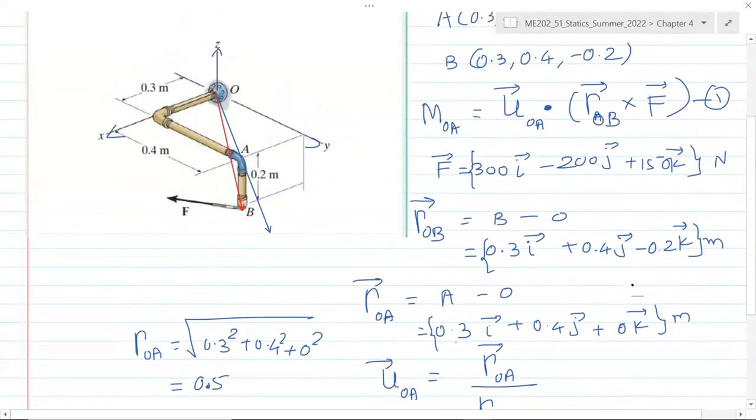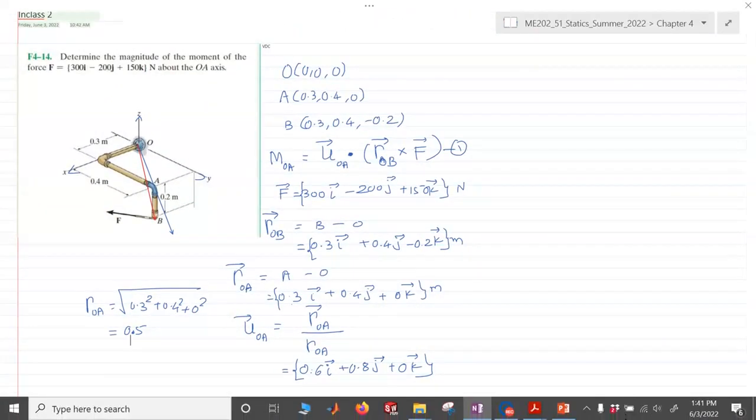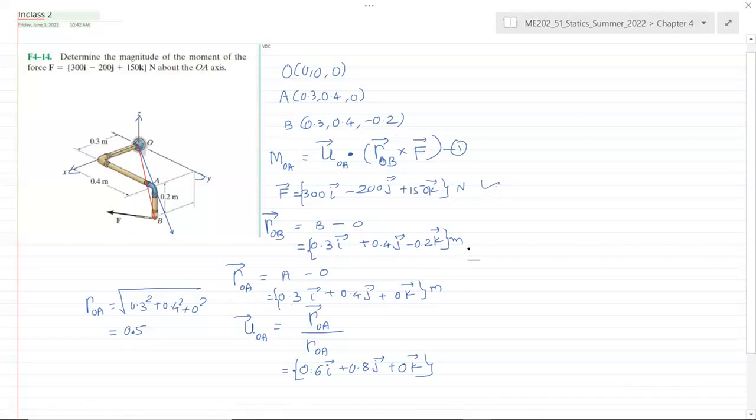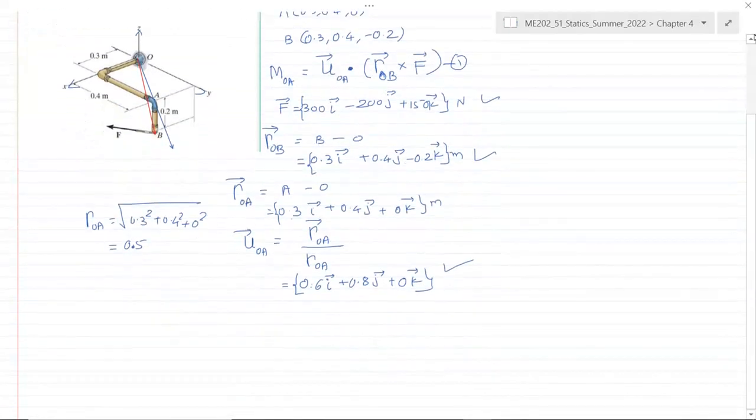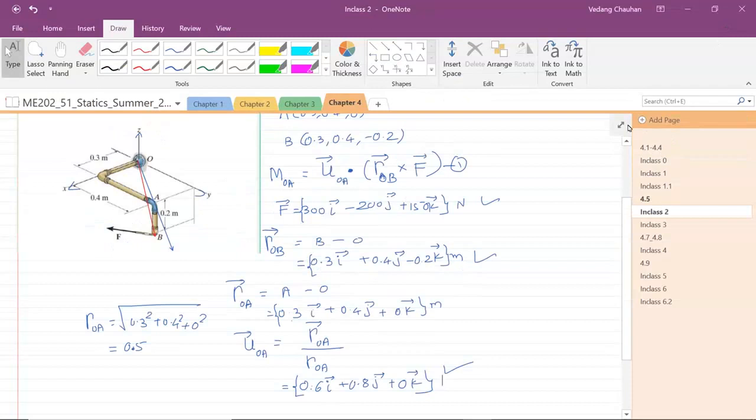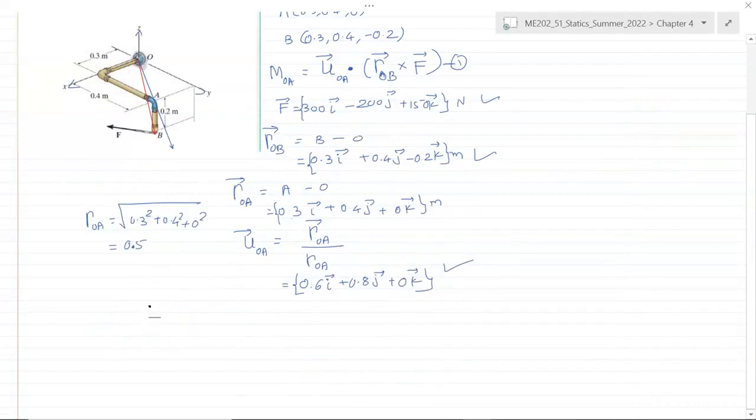Now it's time to substitute F, ROB, and UOA into this equation. That equation is actually a 3 by 3 matrix. So we can write that as MOA is equal to UOA dot R cross F. The first row is the three components of U: 0.6, 0.8, and 0.